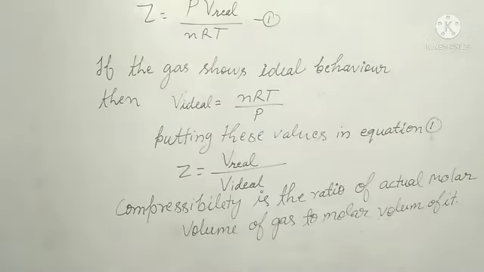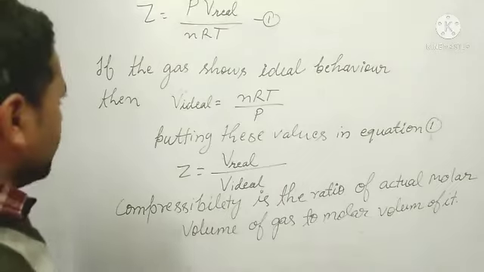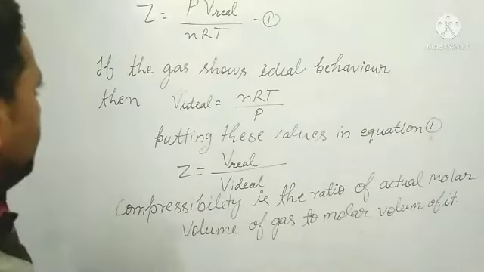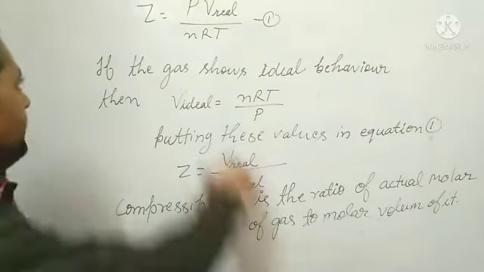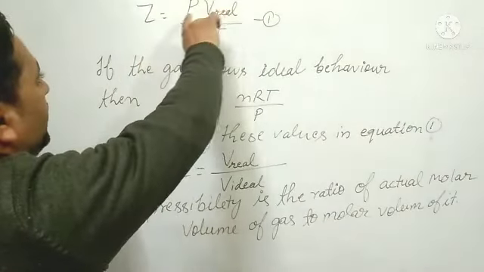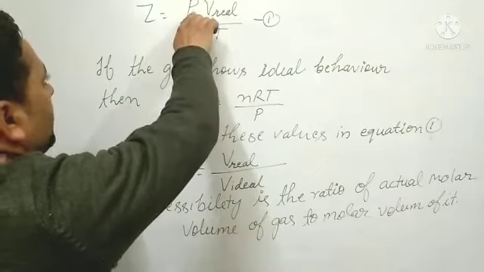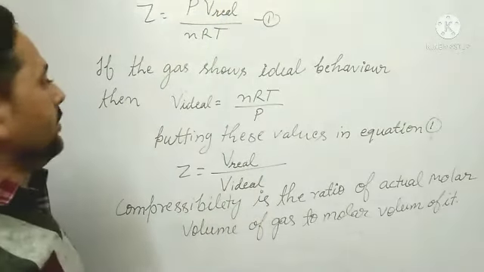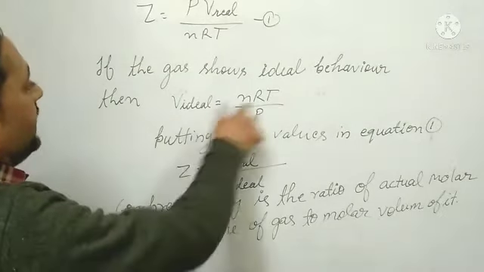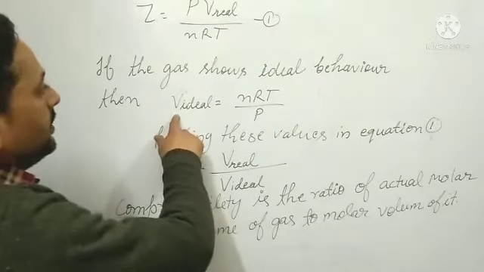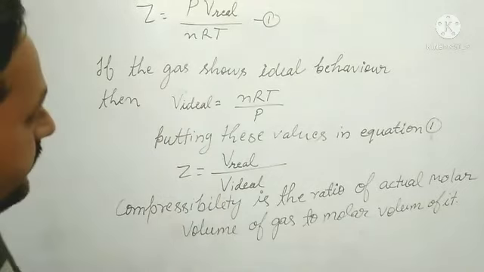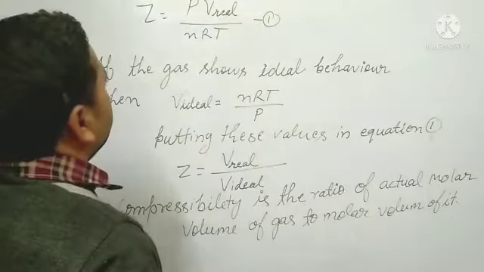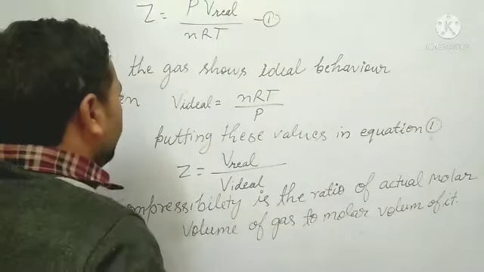If we write Z, we have already done that, PV equals nRT. So if we write the Z value like this, it can be written as P V real upon nRT. If the gas shows ideal behavior, then V ideal can be written like this.